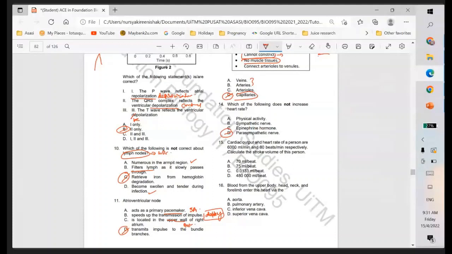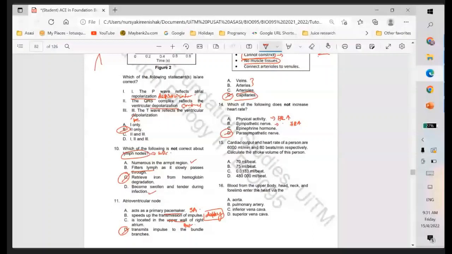For B, sympathetic nerves, during physical emotion stress, stimulate the SA node and AV node to increase the heart rate. So it's wrong. And for C, the hormone epinephrine stimulates the SA node to increase the heart rate. So the question is not increased, so the answer is D.